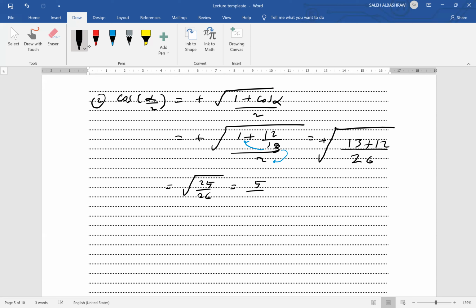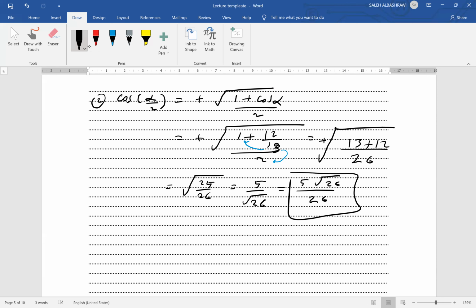That will be 5 over square root of 26, and by rationalizing, this is equal to 5 square root of 26 divided by 26. This is cosine alpha over 2.